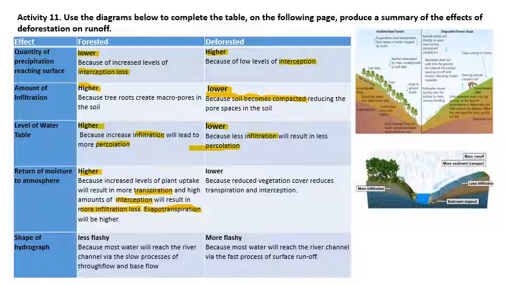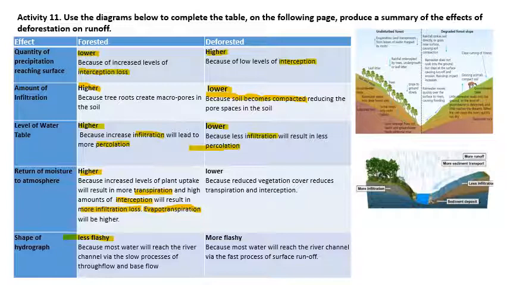Last of all, linking it back to how you could visually represent this in graph format, the shape of the hydrograph for the forested area is going to be less flashy, so it's going to take longer to respond, it's going to have a long lag time, a lower peak flow, it's just going to be a kind of gradual hydrograph.